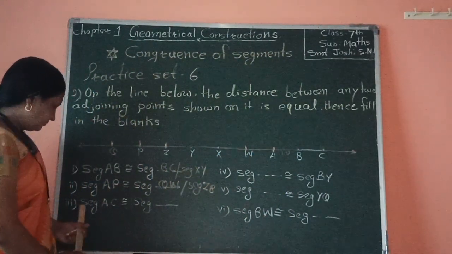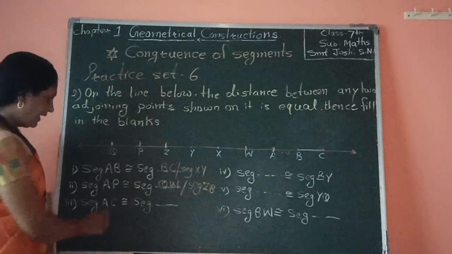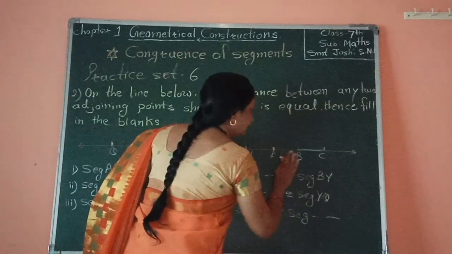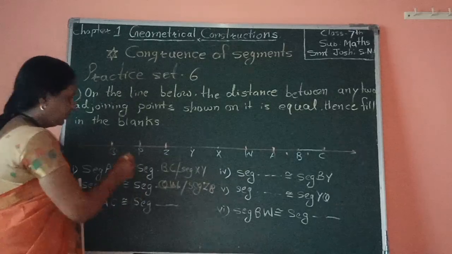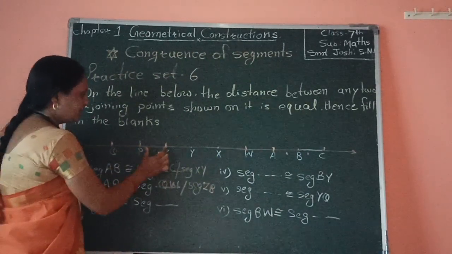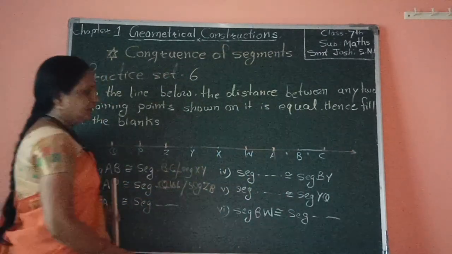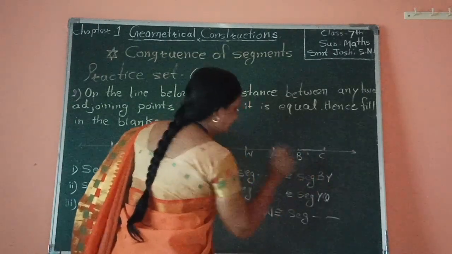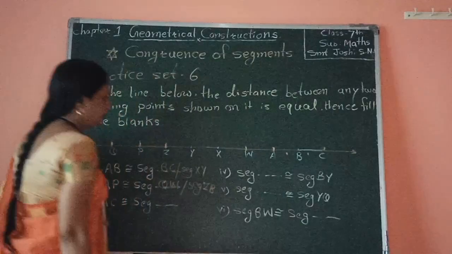Next, third, seg AC congruent seg dash dash. In AC the distance is 2 units. We can imagine the distance between 2 adjoining points is 1 unit. Means the distance in AC between these 2 points is 2 units.